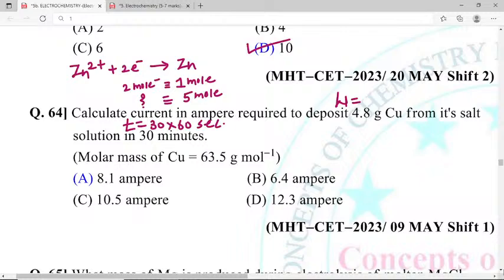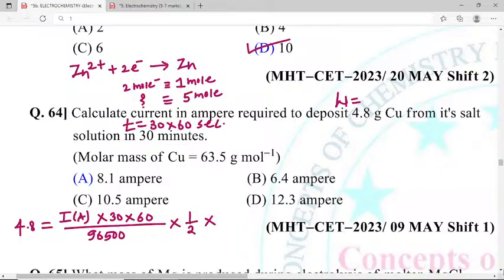So 4.8 is equal to current in ampere, which we have to calculate here, multiplied by time in seconds, 30 multiplied by 60. This whole divided by 96500 multiplied by mole ratio of copper 1/2 multiplied by molar mass 63.5. If you solve all this, we'll get the answer 8.1.